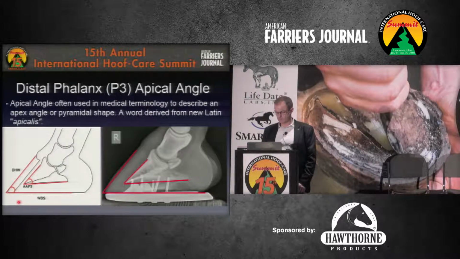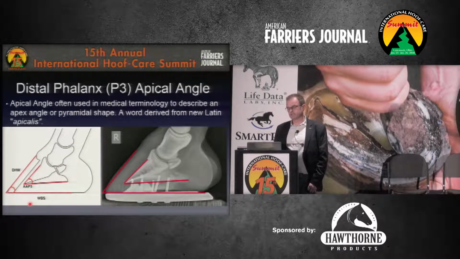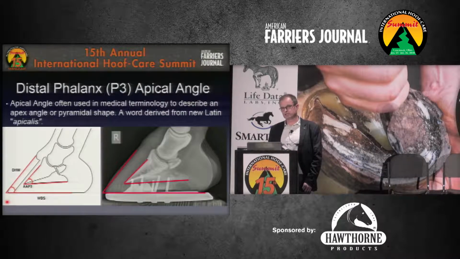So I think we can say there's evidence to suggest that the apex angle is certainly an influence on hoof wall angle.